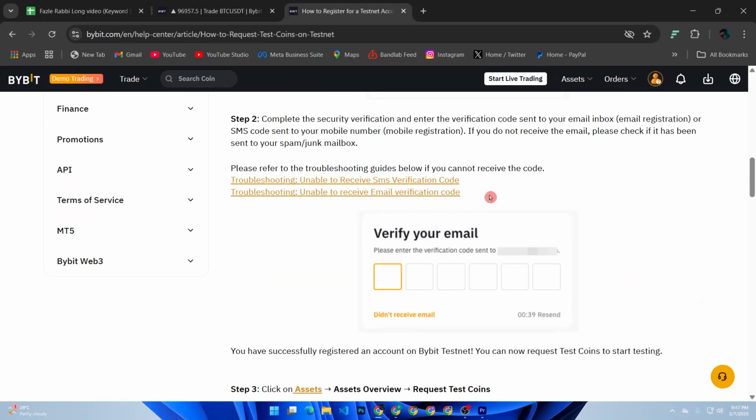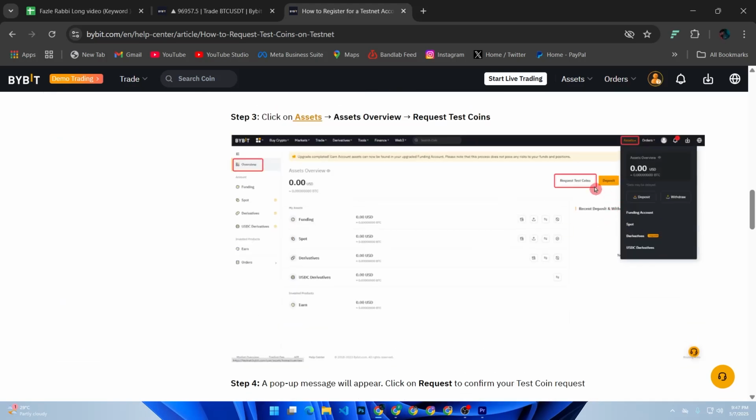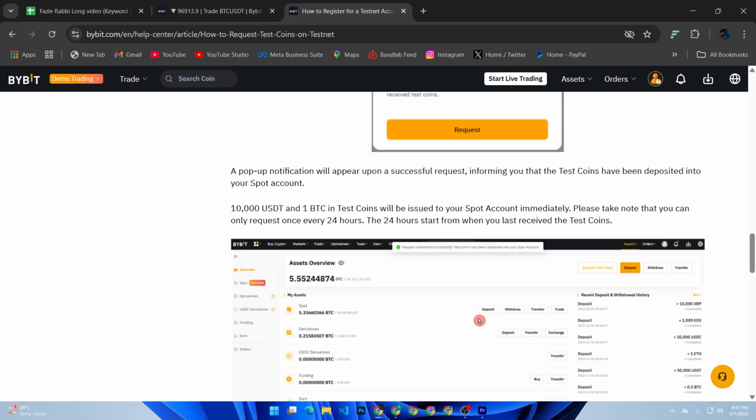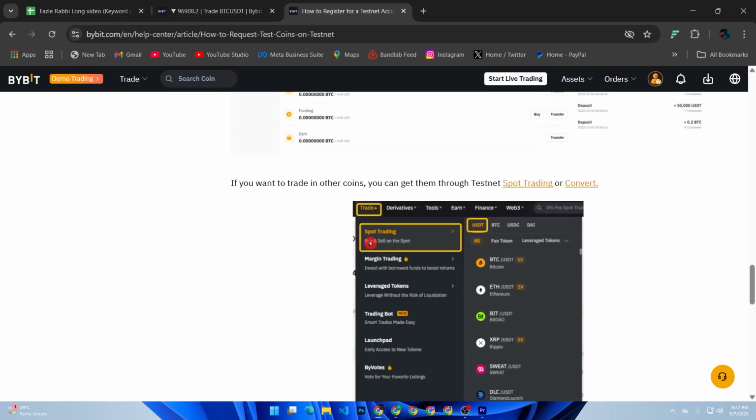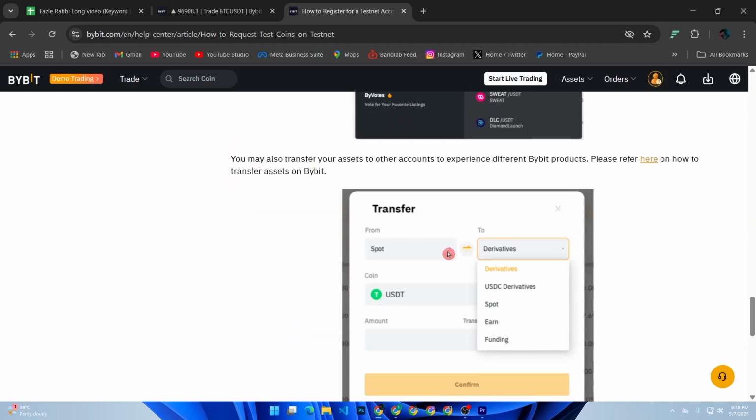Enter your email address, then verify your email, then click overview, then request test coins, then asset and request. Then go to trade section, spot trading, then from here choose the USDT coin. Now transfer spot from derivatives.